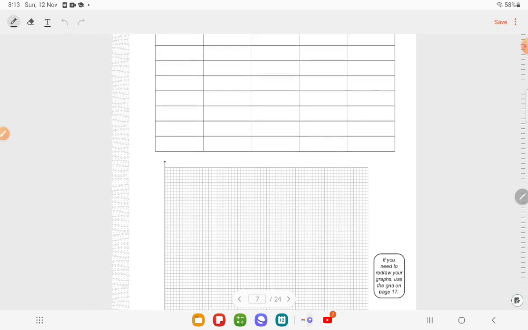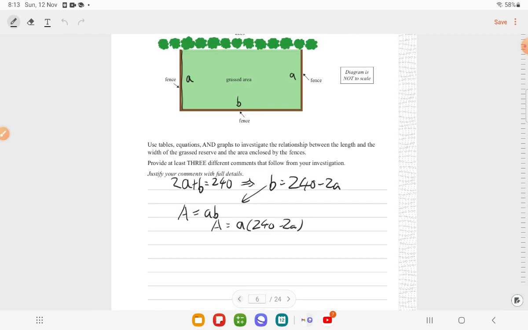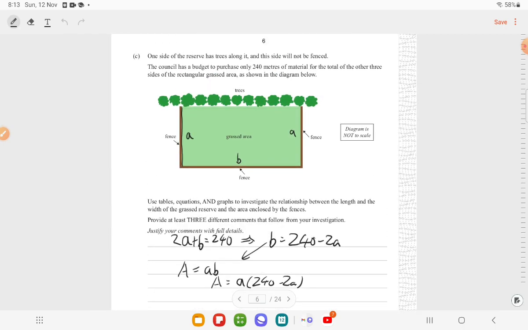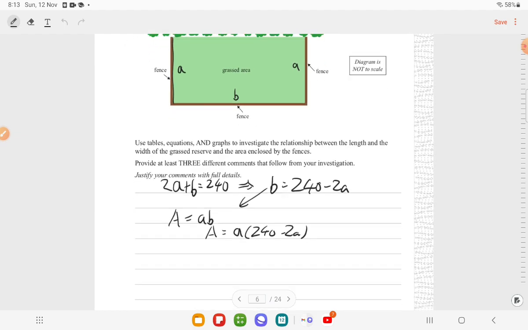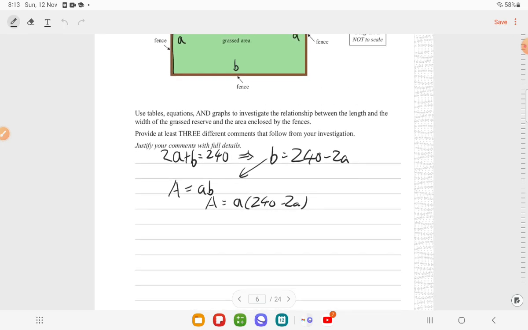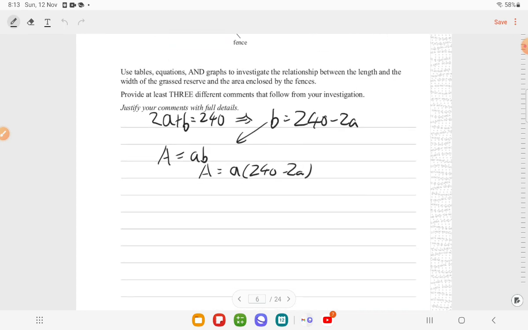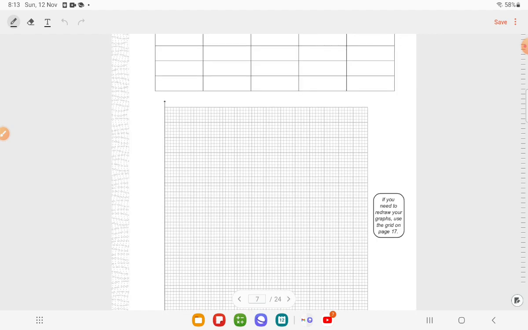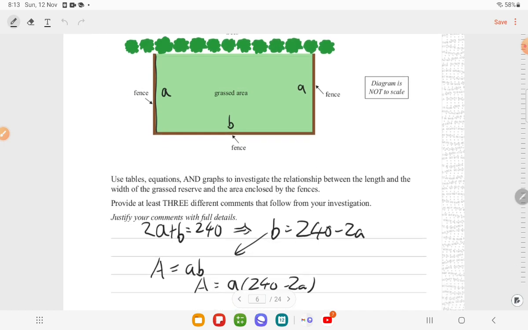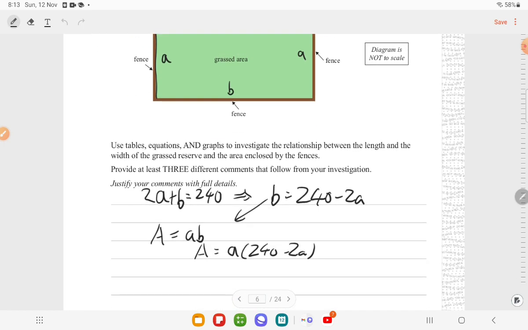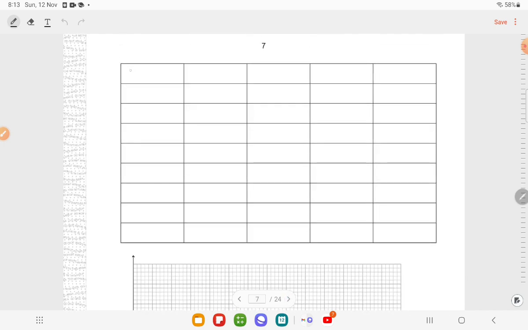Yeah, I don't understand how. Do I need to use tables for this? I don't know why I would need to use tables for this. How many spaces do I have?